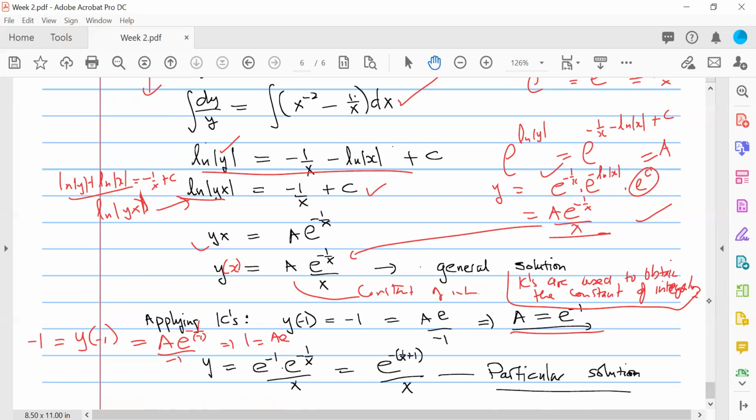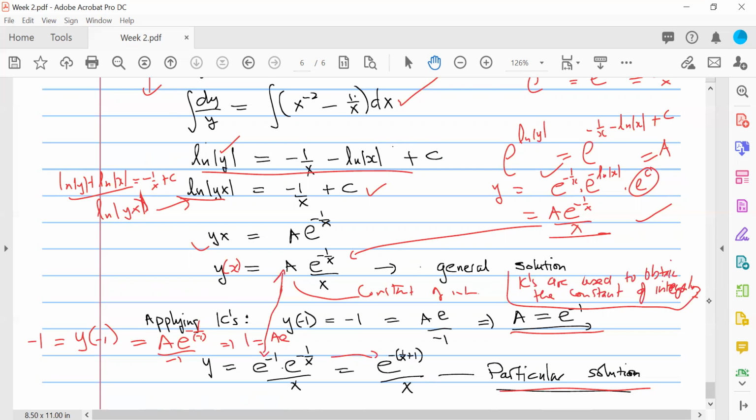So I have my a, I come back to that general solution and replace a with e to the power minus 1. And of course here I'm just playing with laws of exponents. And whatever I get, this is just a specific solution that is going through the point (-1, -1), and we call it a particular solution.